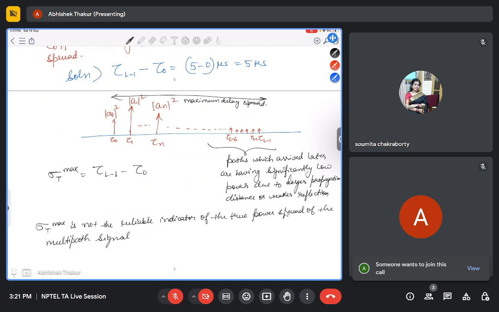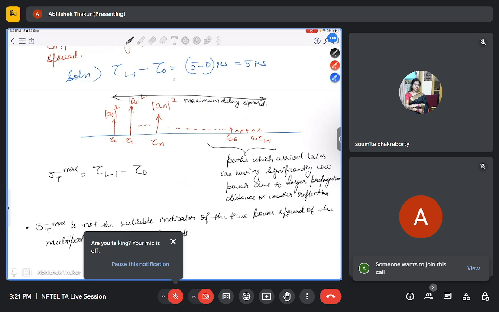Why? Because these components are very weak in power, but it takes time to arrive.